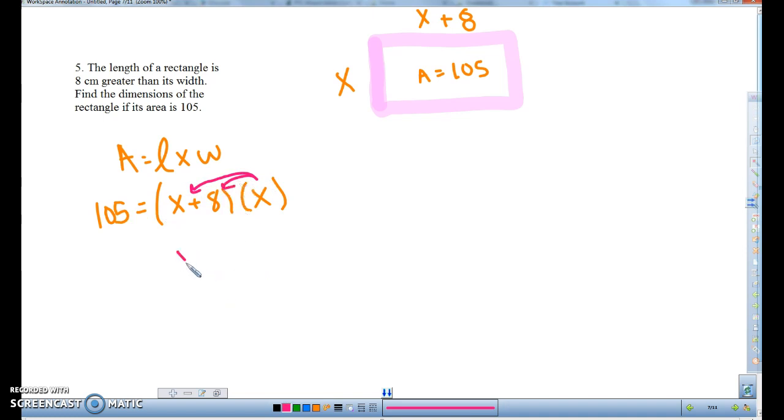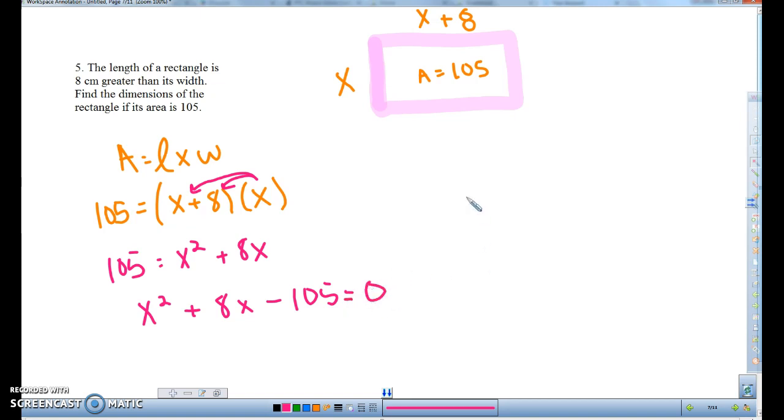I'm going to distribute to both, so I get x squared plus 8x equals 105. If I move that 105 over, I'll have x squared plus 8x minus 105 equal to 0. I'm going to do my factor sum chart because I don't know this off the top of my head. Factors of negative 105 that sum to 8.